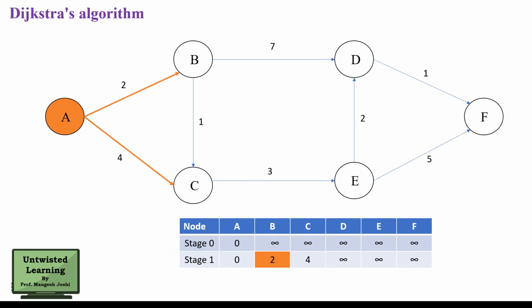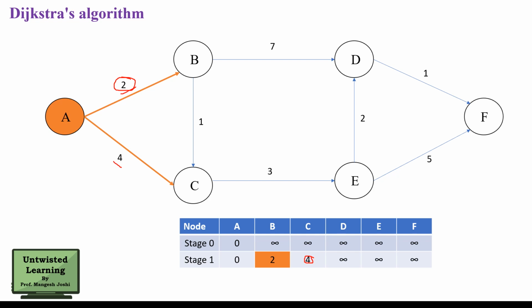Then at stage 1, we will list down the paths originating from vertex A. So you can see that there is A to B and A to C. So we will select the smaller or shortest path, that is A to B. So you can see that in the table A to B is fixed, that is 2, and A to C is 4, that is C is 4.